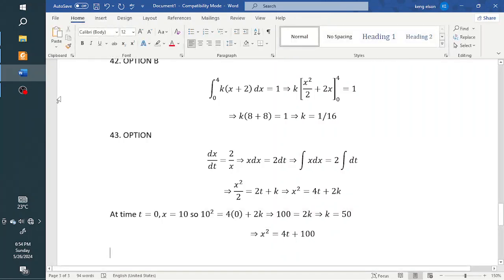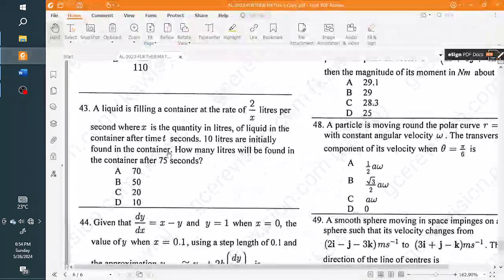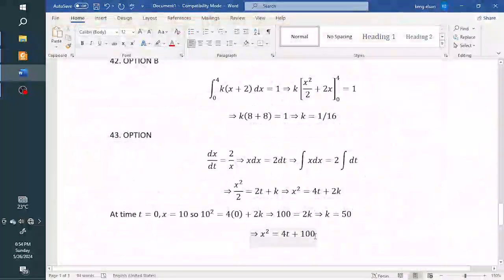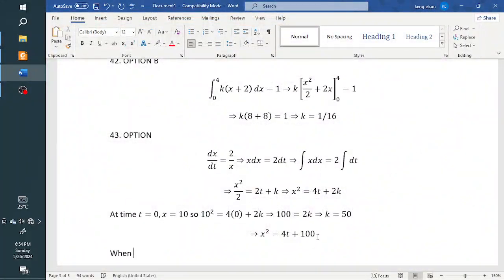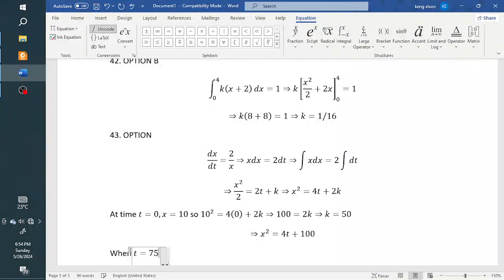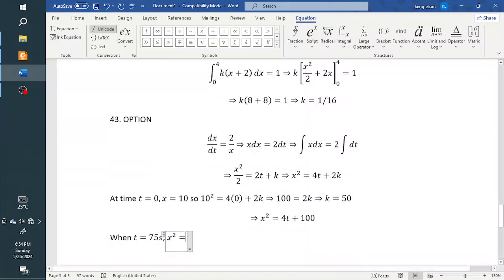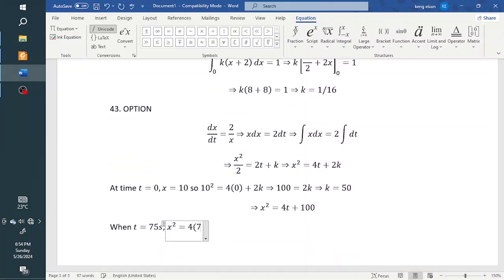Okay, now the main question is how many liters will be found after 75 seconds. So take t to be 75. When t is equal to 75 seconds, x squared will be equal to 4 times 75 plus 100.